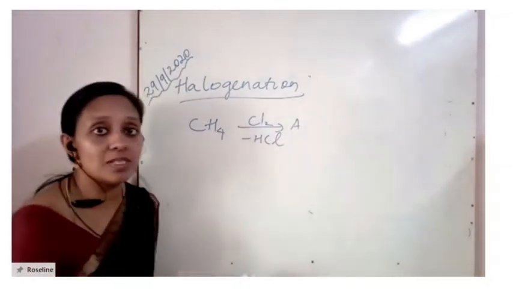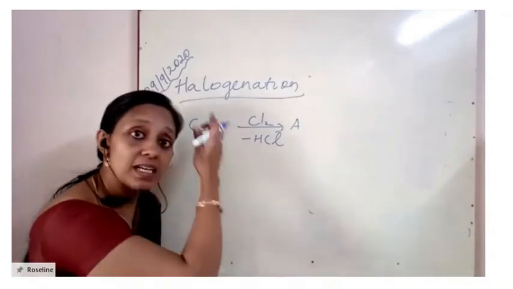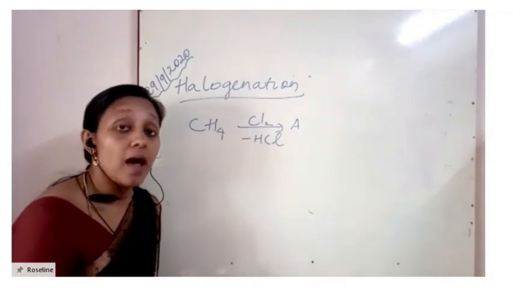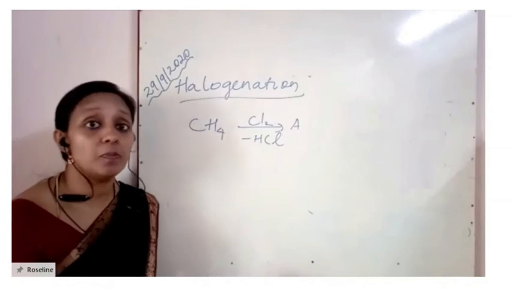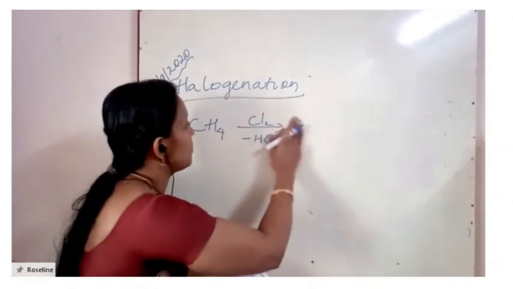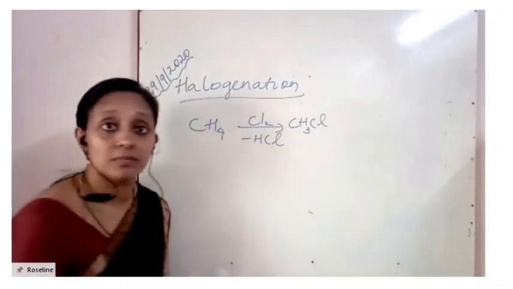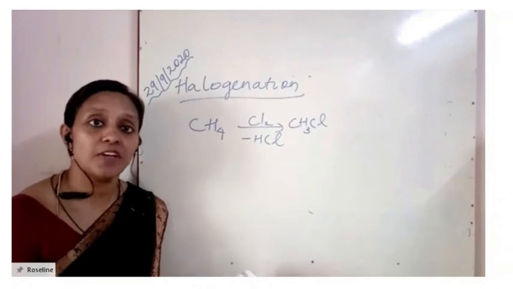To CH4, a chlorine molecule is added. On adding the chlorine molecule, HCl is removed as a byproduct. A main product is obtained and that is A. What will be the main product? It will be CH3Cl, chloromethane, isn't it? This will be the first product.